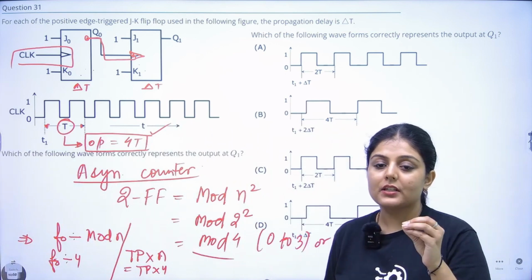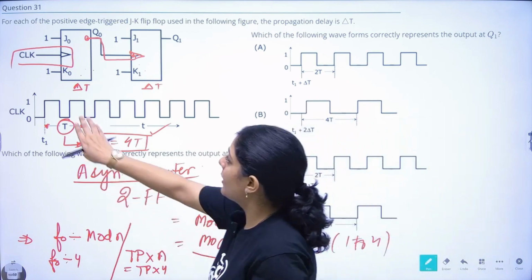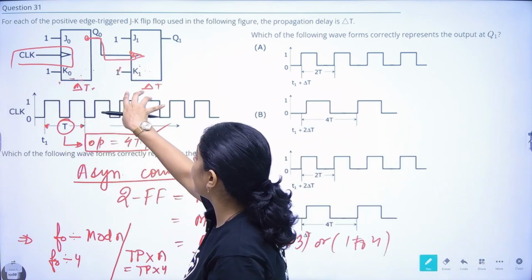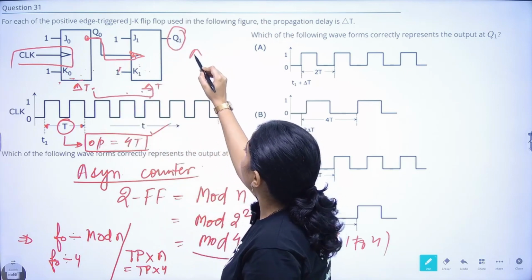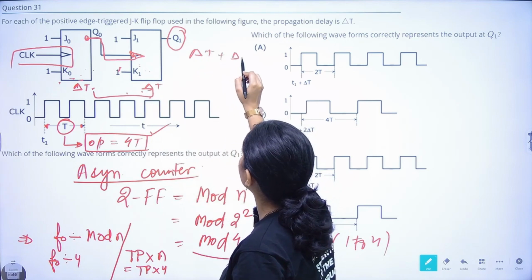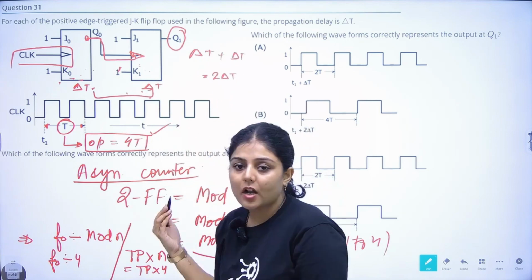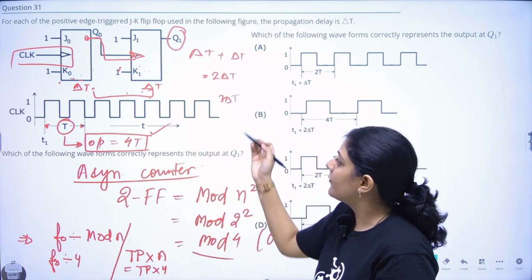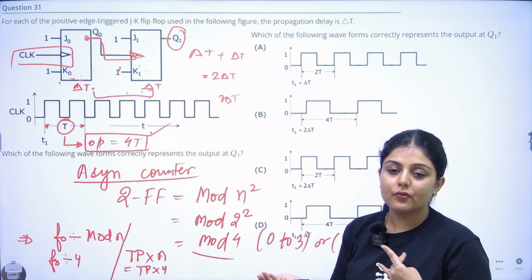But what about delay? Delay is present because of one flip-flop at a time. If one delay because of this is delta t, delay because of this will be delta t, and the output will be having 2 delays, delta t plus delta t. So delay will become 2 delta t. If there is a third flip-flop, then it would have been 3 delta t, and so on. So delays add individually according to flip-flop.